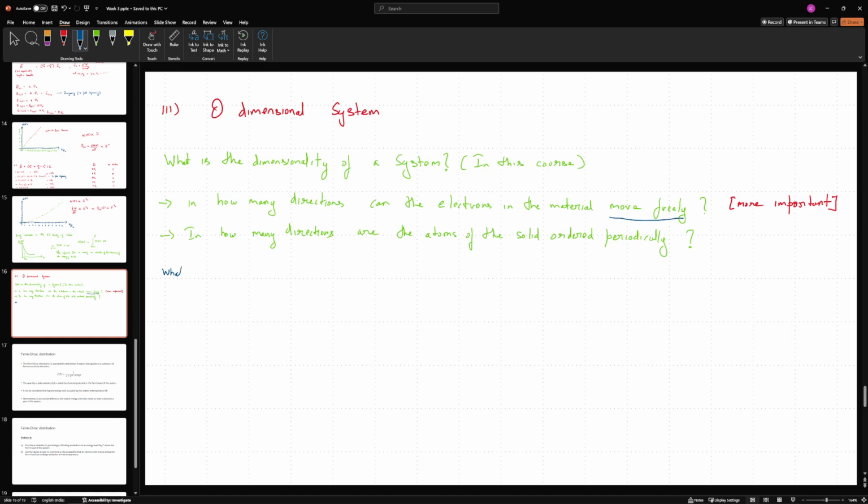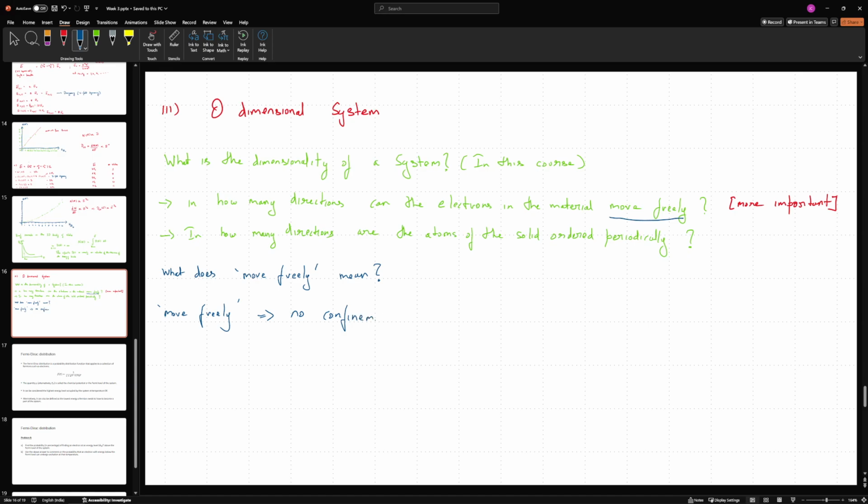What does move freely mean? What it essentially means is that to move freely implies no confinement. That is all.